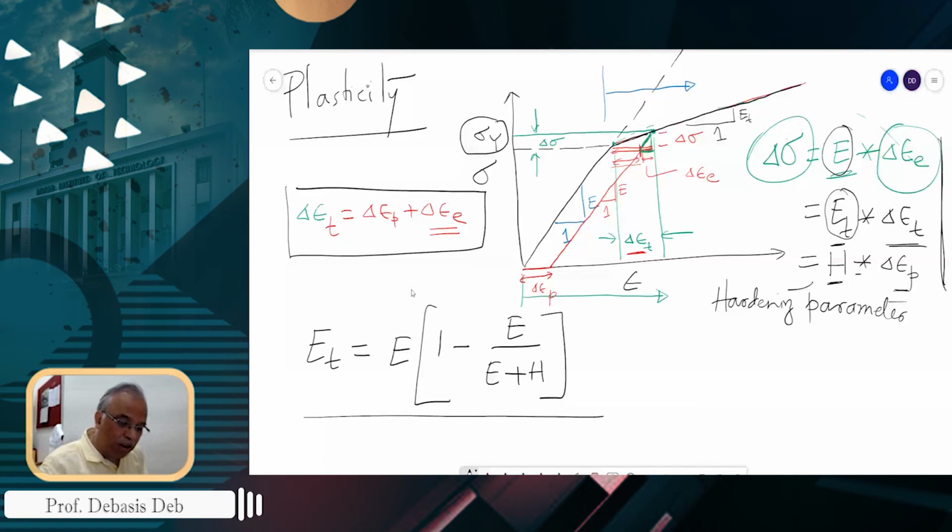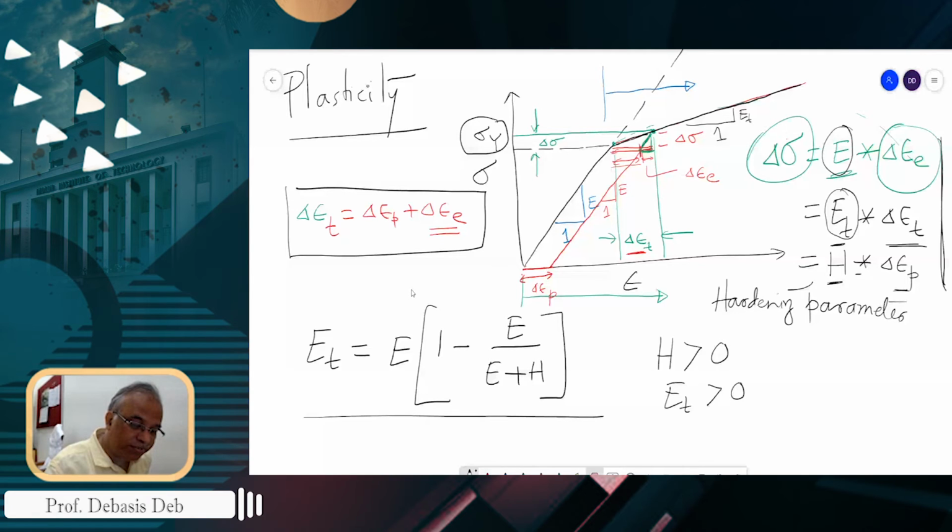Now the parameter H, what is its significance? Now I ask you, if H is greater than 0, can you tell me whether this ET is greater than 0?